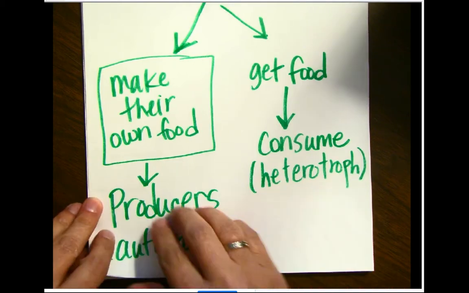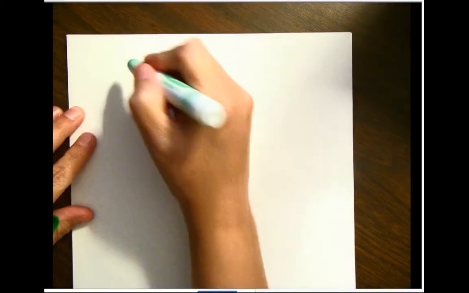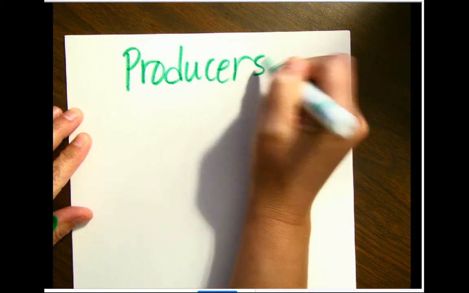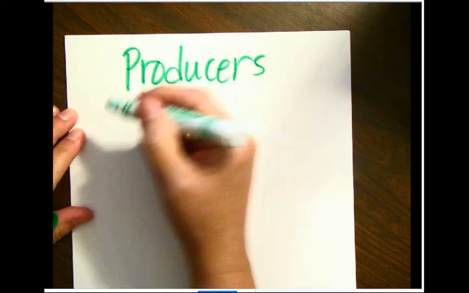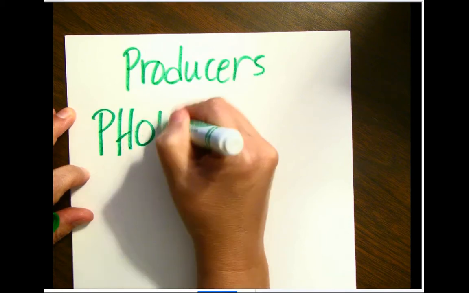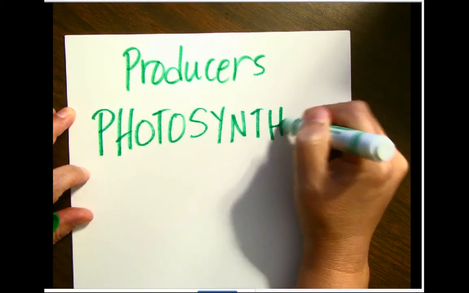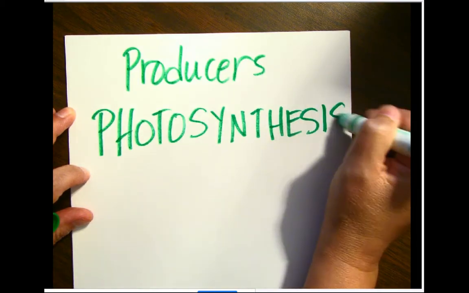So let's focus on producers for now. Producers make their food by the process of photosynthesis. Ooh, that's a big word.